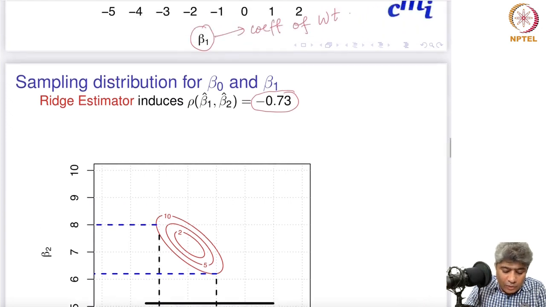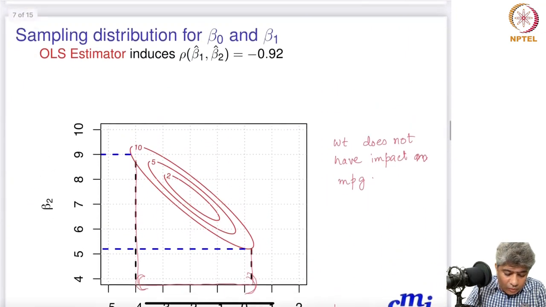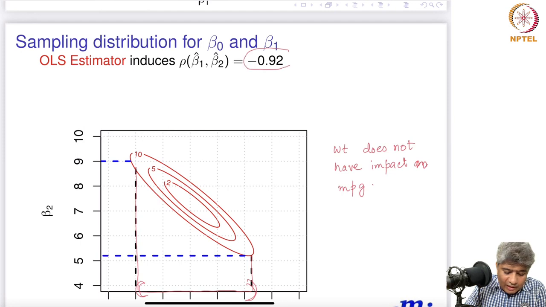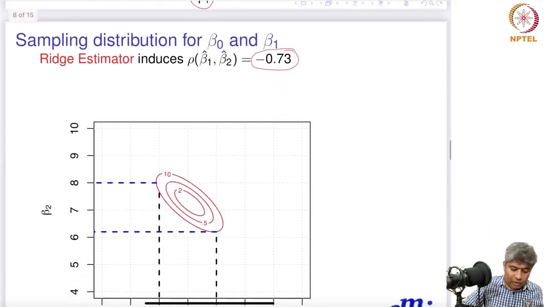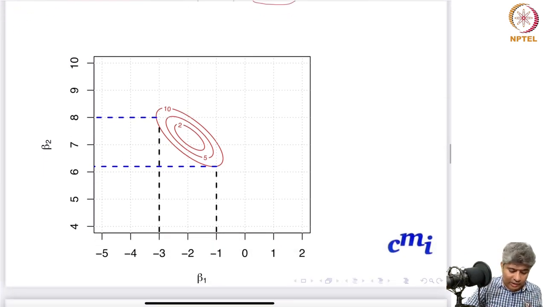The correlation for the OLS estimator was very high, negative 0.92, and as a result it was getting very tight. Now the Ridge estimator reduced the correlation, so this tightness is reduced. Now the confidence interval does not include 0 anymore.